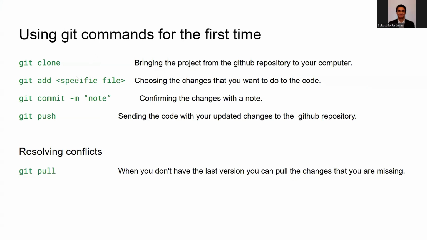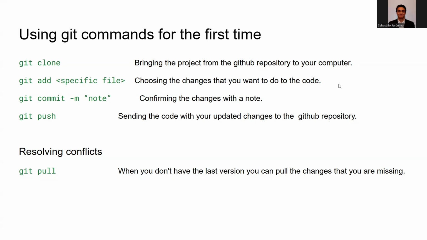In our local computer, we will make some changes. We will select the changes that we want with add. So clone is bringing the project from the GitHub repository to your computer. Git add is choosing the changes that you want to make to the code in the GitHub repository.